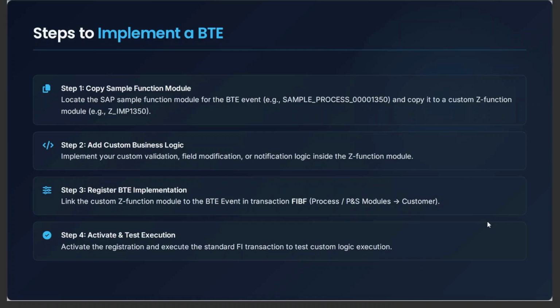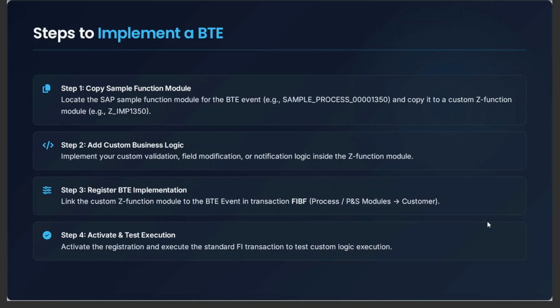First, find and copy the sample function module. Locate the SAP standard template function module for the event, for example, SAMPLE_PROCESS_ and some numbers, and copy it into your custom package as a Z function module. Second step is add custom logic: write your custom code inside the Z function module.